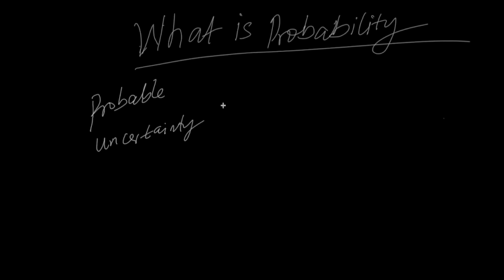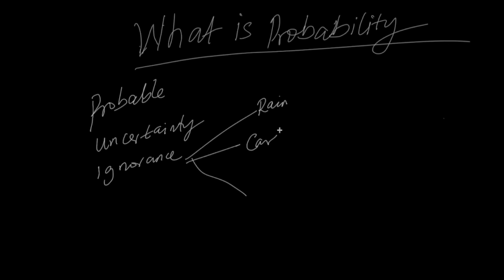And you agree with me that life is full of uncertainty. And every day we are confronted with our ignorance. For instance, how do you know if rain is going to fall tomorrow? How do you know if your car will break down when you are going to the office?